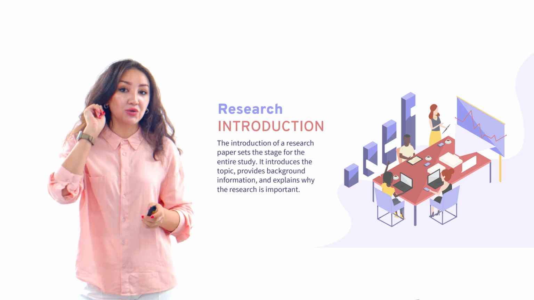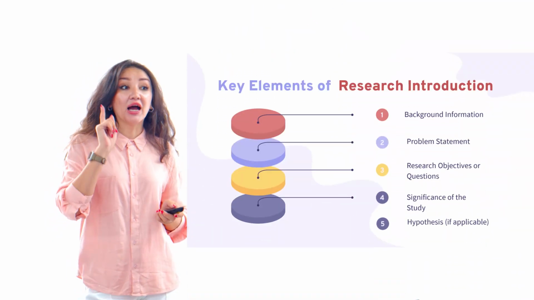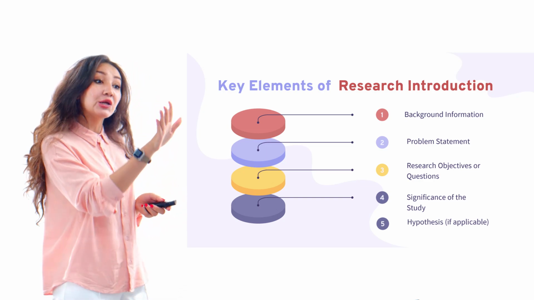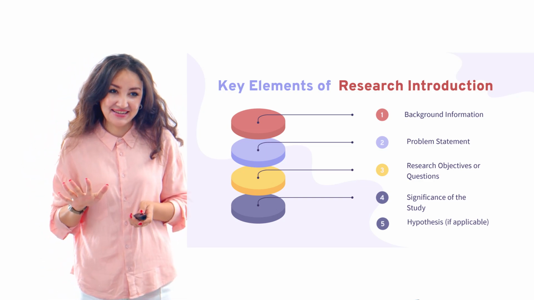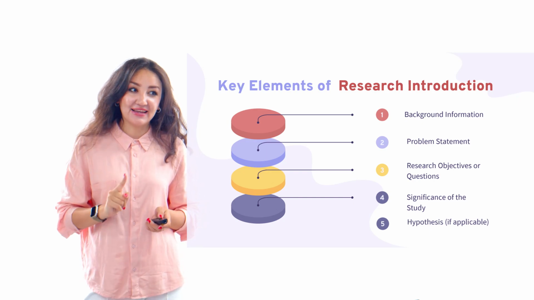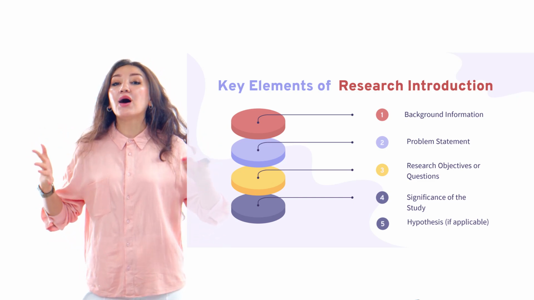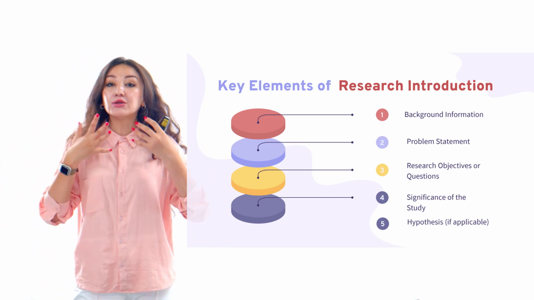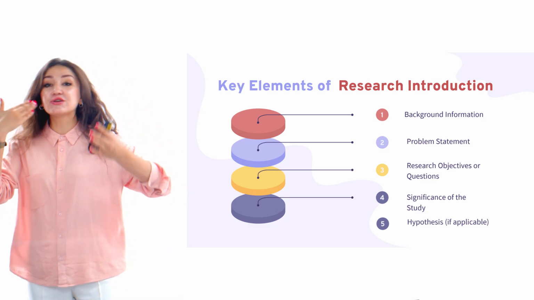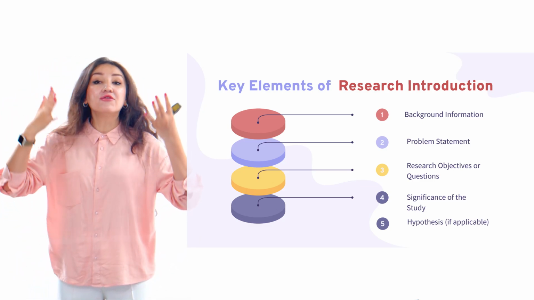And what is that information? I'm going to teach you what it is. Those 5 main pieces of information are necessary. First, background information, the background of the study, why you are doing research in this field. You need to give a general idea about it, for at least one paragraph.